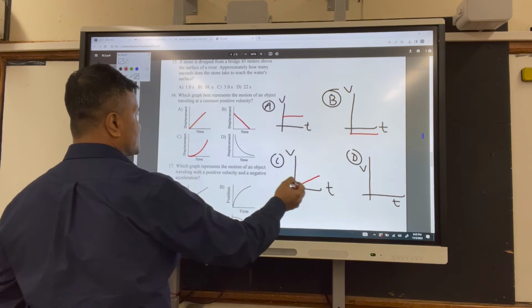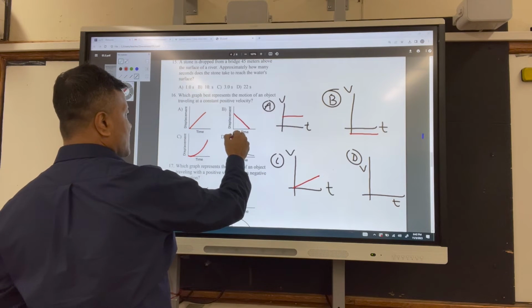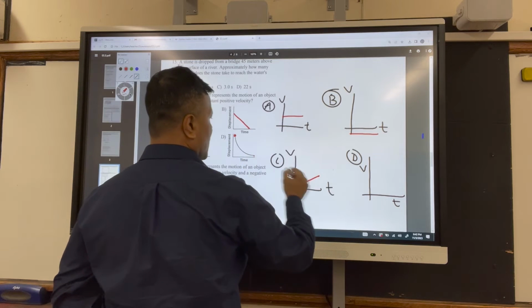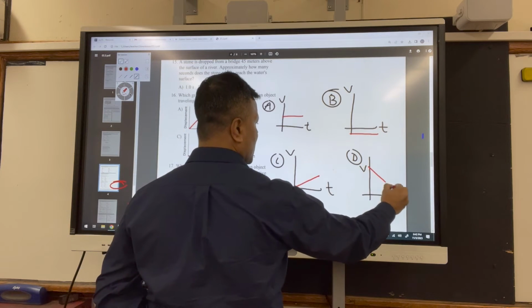So this one has a loss of velocity and then zero velocity, almost zero velocity.